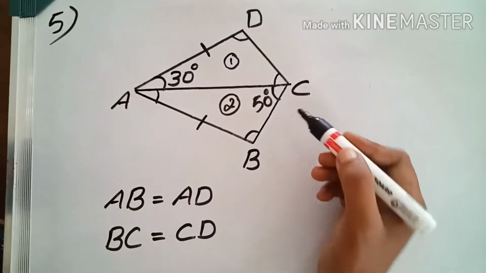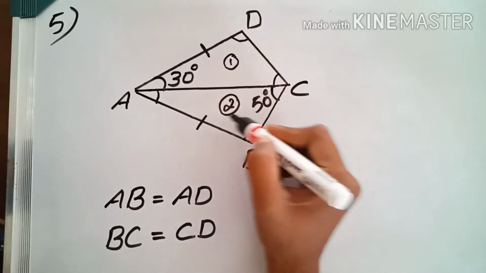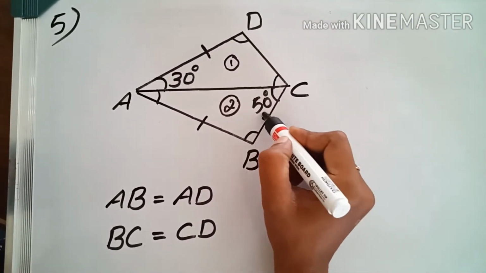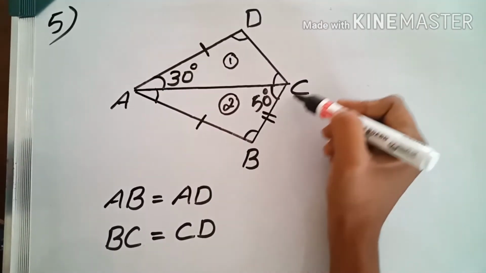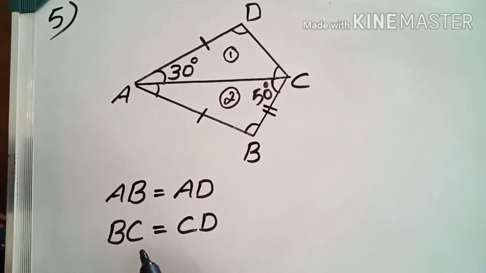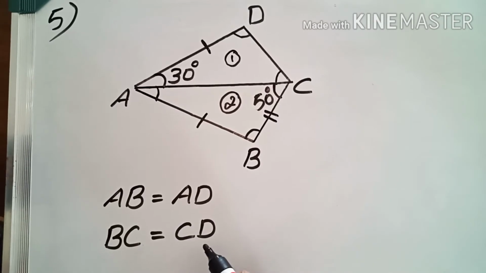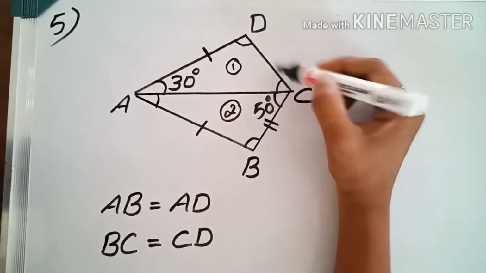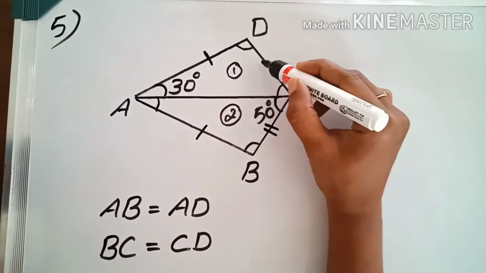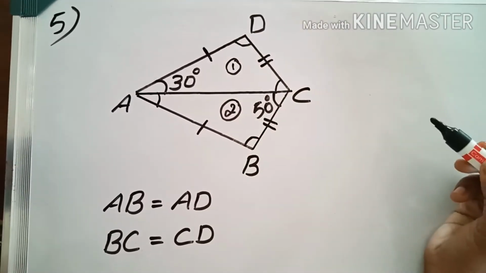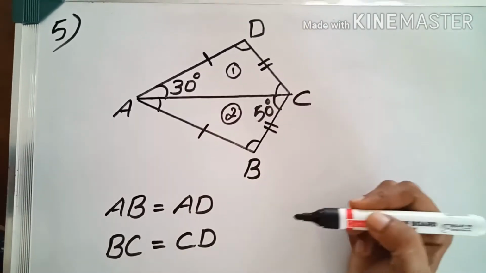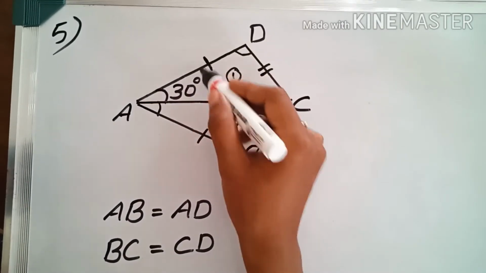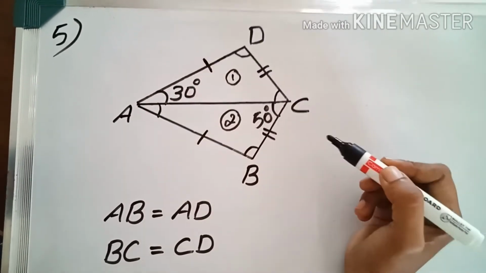BC is this side, the second triangle's side. BC is the second side. Now BC is equal to CD. CD is this side, the first triangle's second side. So these two sides are the same. So we got the first side equal, and the second side also equal.